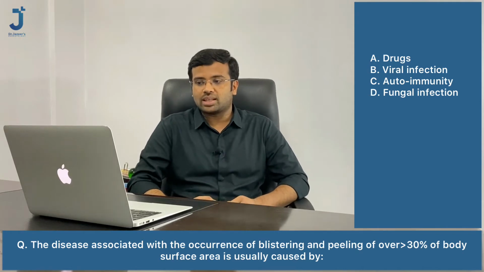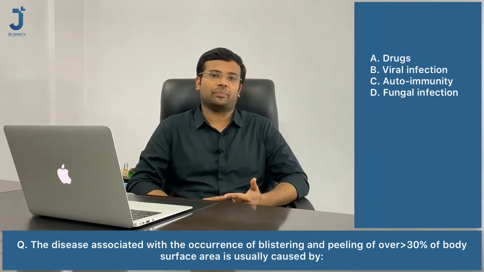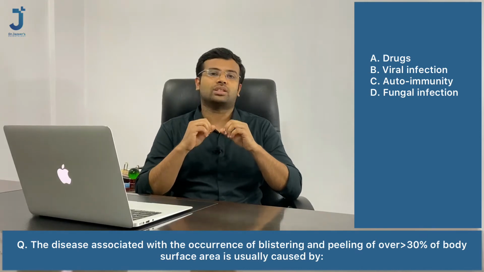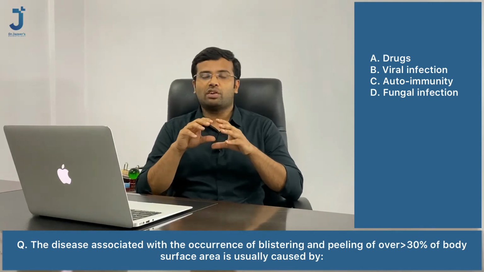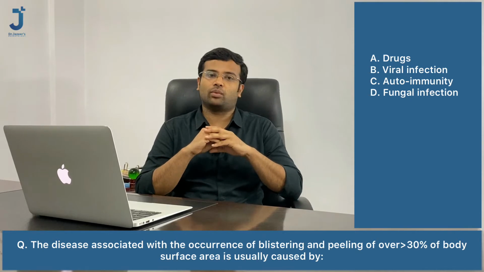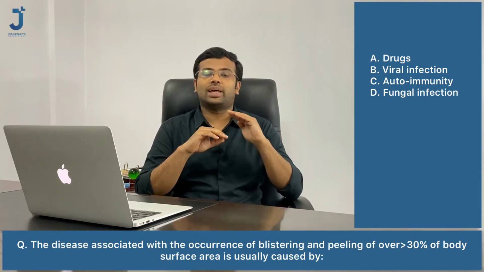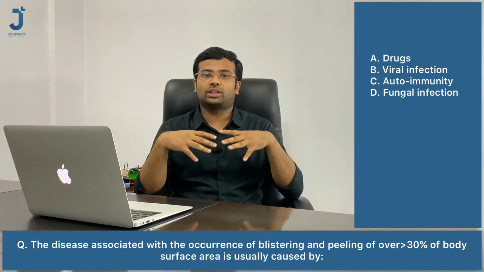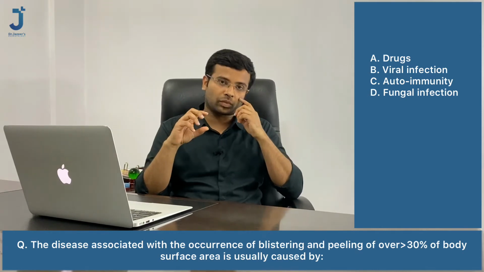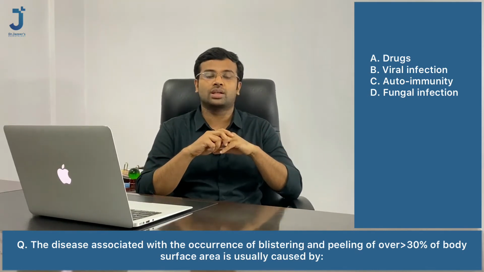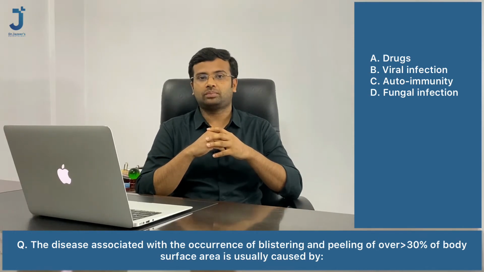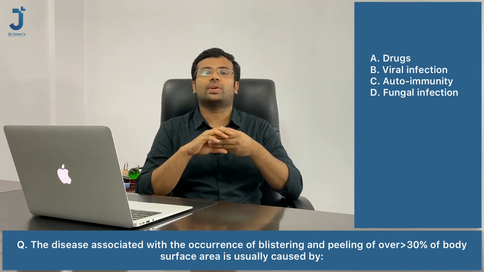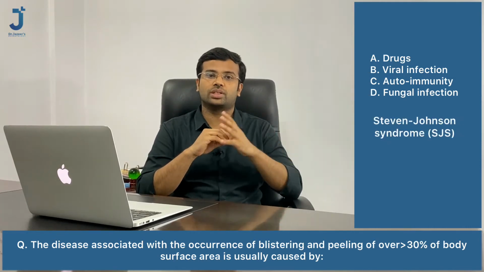Whenever we talk about body surface area involvement, please remember, if less than 10% of the body surface area is involved with massive blistering and bullous lesions with peeling of the skin and mucosal involvement as well, we categorize it as Stevens-Johnson syndrome.